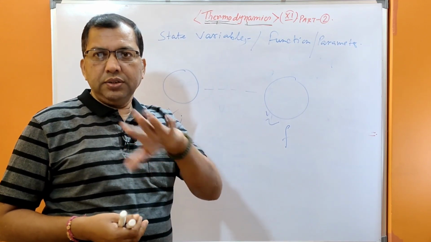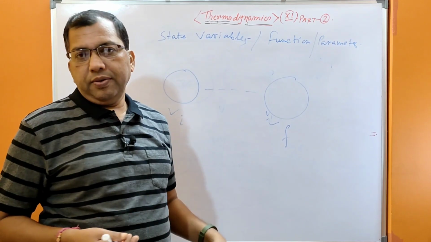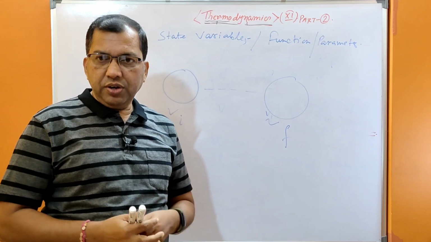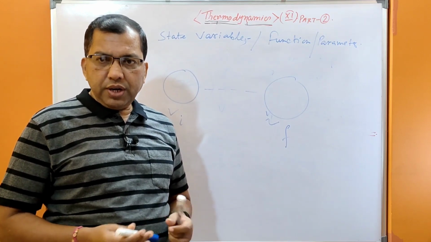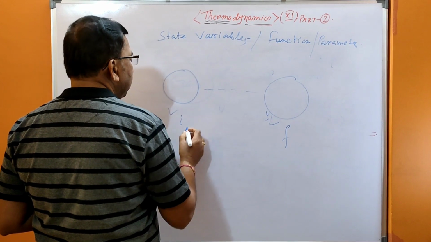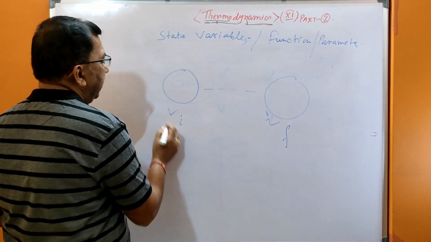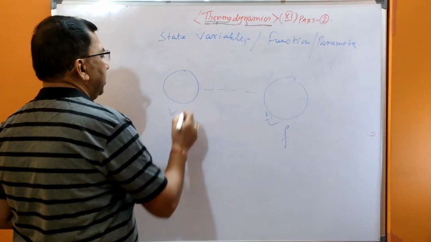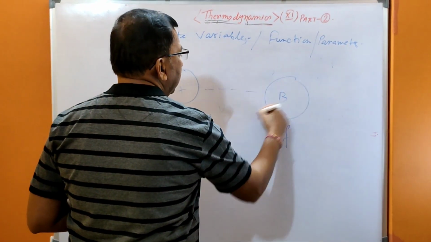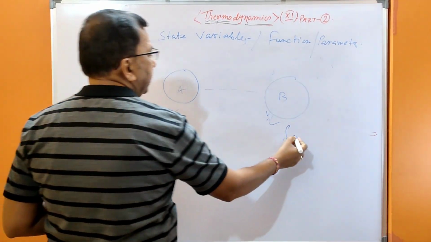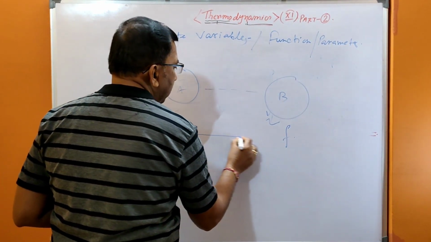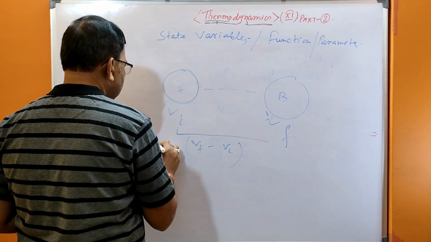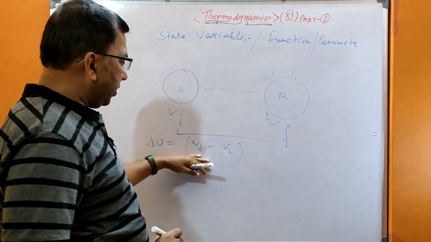It depends upon the values of the initial and final. Suppose the initial energy of system is Bi and the final is Bf, so Bf minus Bi is the state function.